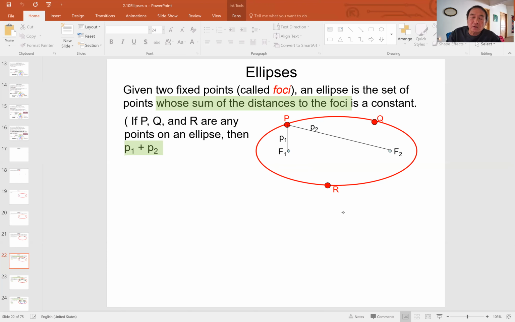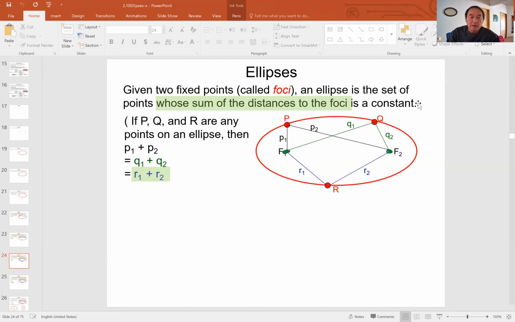For an ellipse, the sum is the same for point P, point Q, or point R. So the sum of the distances to the foci is a constant.